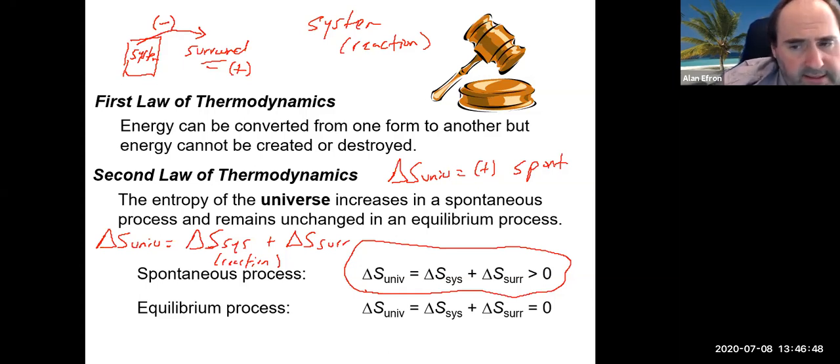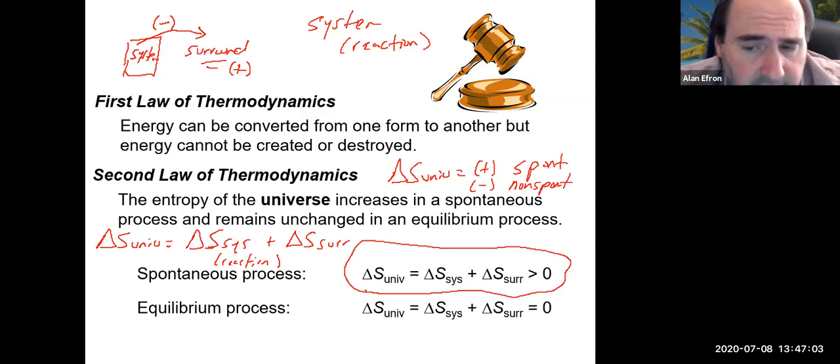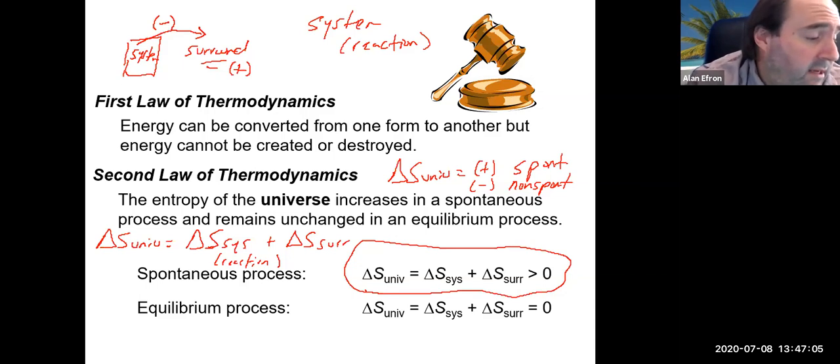Again, doesn't necessarily mean that the reaction occurs super fast. It just means that that reaction should occur. If you calculate the delta S of the universe and it's negative, it means that reaction would be non-spontaneous in that particular situation. And obviously the reaction would not occur the way it is written.